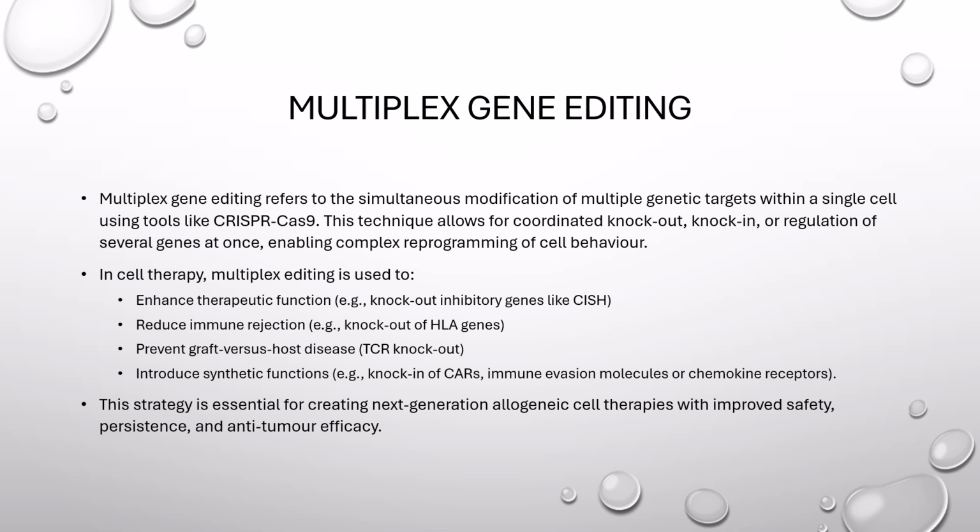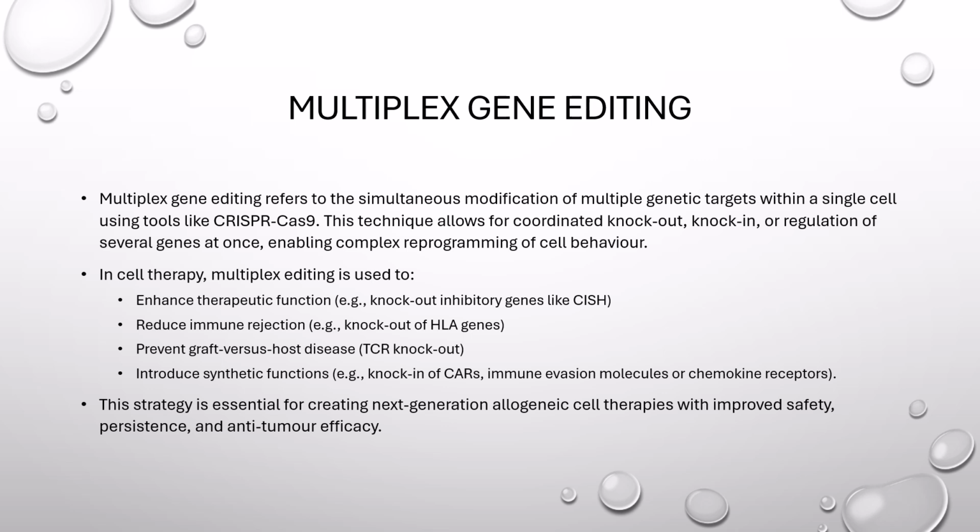So multiplex gene editing refers to the simultaneous modification of multiple genetic targets within a single cell using tools like CRISPR Cas9. So basically, you have one CRISPR Cas9 and you have multiple guide RNAs that can target multiple genes and therefore edit multiple genes.